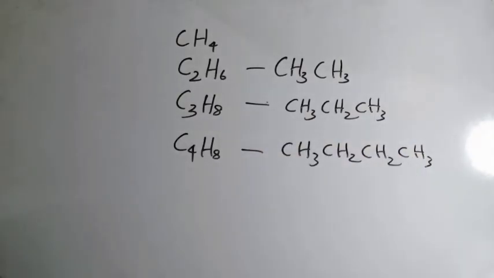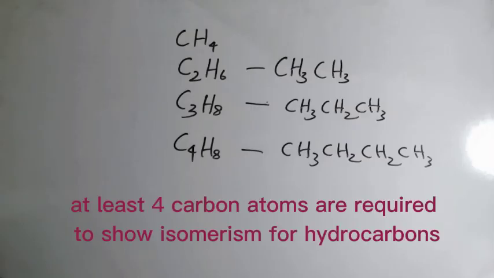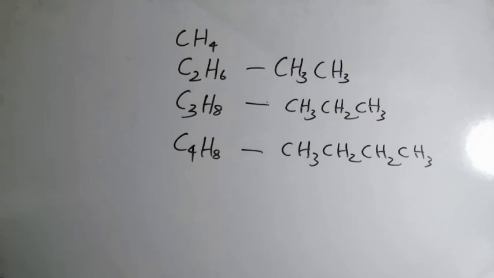So this will show different isomers. That means it is required to have a minimum number of carbons equal to 4 to show any isomer. So the simple hydrocarbons' isomers begin with butane. So let us look at how to design the isomers for butane.